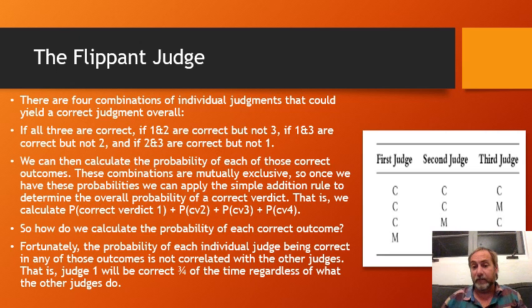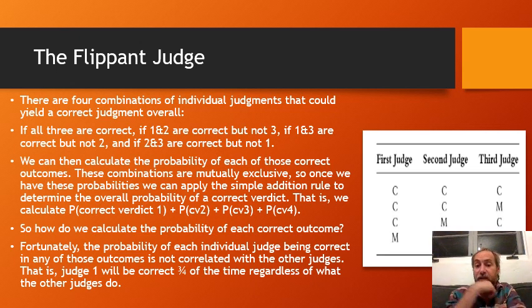You just add up those probabilities. These are mutually exclusive: there's only one set of judgments, they don't do it again. So that'll be simple addition, which is not a big problem. The question is, for each line, how do we calculate the probability of that happening?